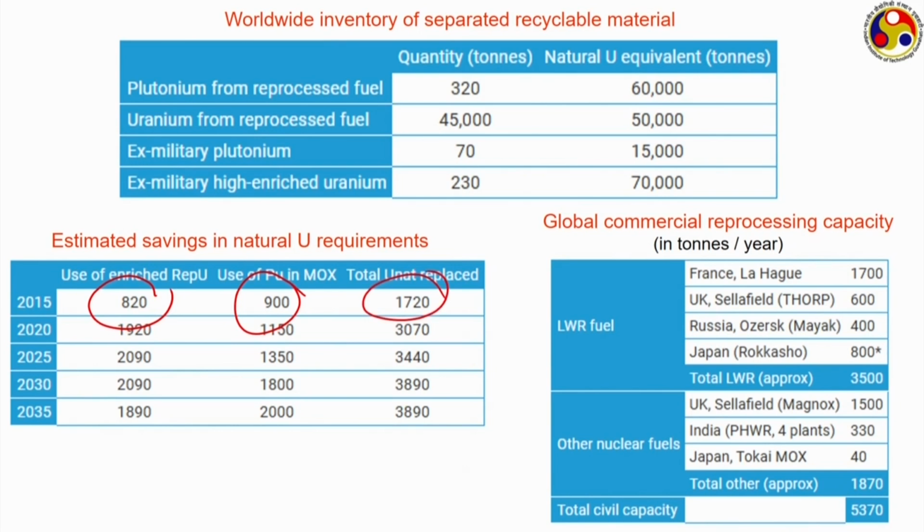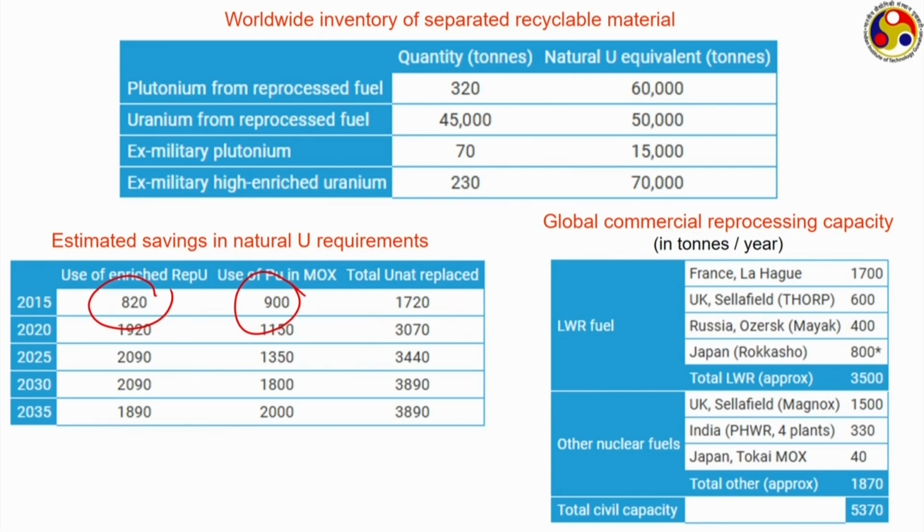That is, in 2015 we have received about 820 tons of enriched uranium and 900 tons of plutonium has gone to fabricate these MOX. So, a total of 1720 tons of natural uranium has been replaced by this.